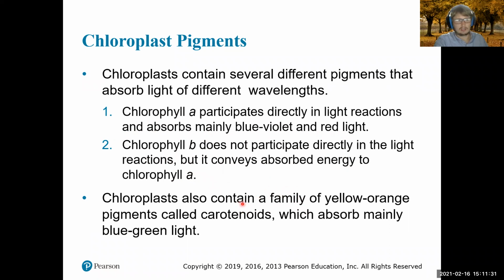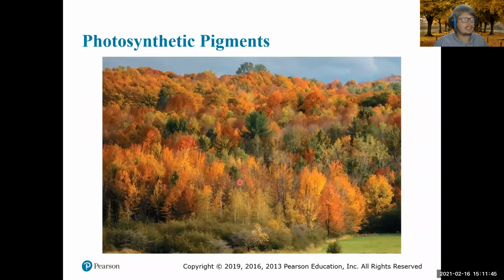These are kind of yellow-orange pigments, and they mainly absorb blue-green light. And so having a vast array of these different pigments that are absorbing different wavelengths of light really leads to the variety of colorations that we see in plants, and it's reflective of the wavelengths that are reflected in that process.